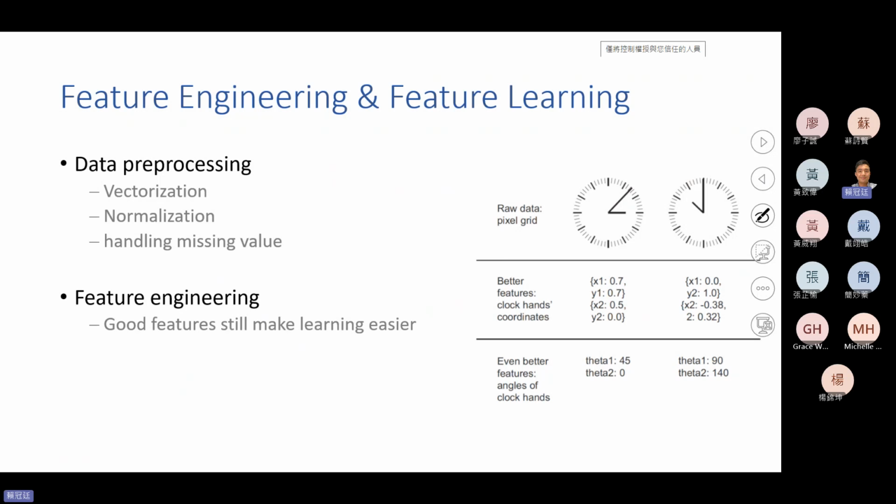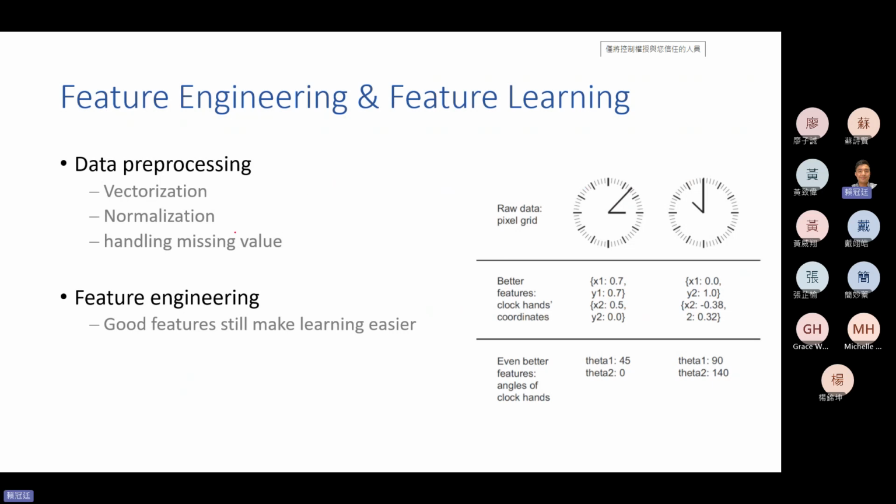So, selecting features. Although today we usually put raw data into a neural network and ask the framework to learn the features for us, or we use a pre-trained model to extract features, feature engineering is still very important. Here's an example.